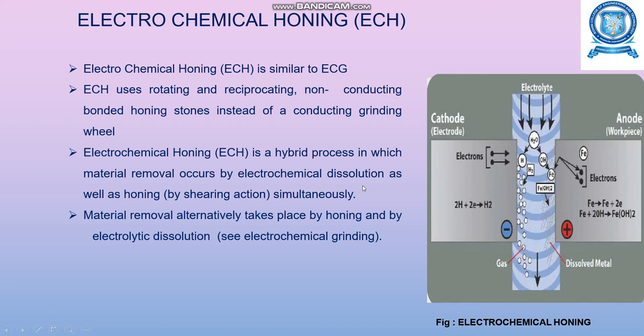Electrochemical honing is a hybrid process in which material removal occurs by electrochemical dissolution as well as honing simultaneously. So the material is removed alternately by honing and by electrolytic dissolution.